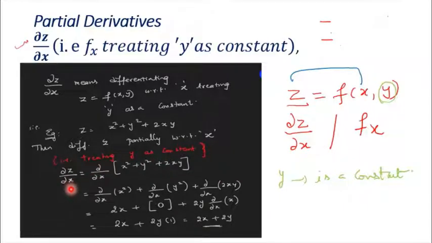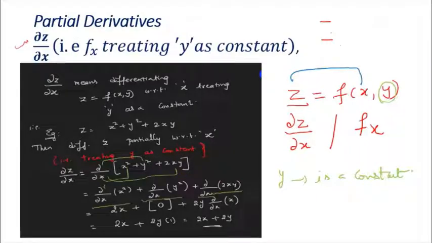Dou z by dou x is equal to dou by dou x of x square plus y square plus 2xy. Like the same differentiation rules you have learned earlier, you can write it as dou by dou x of x square plus dou by dou x of y square plus dou by dou x of 2xy.